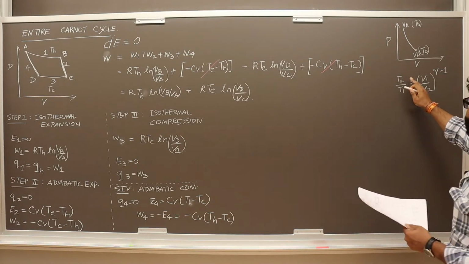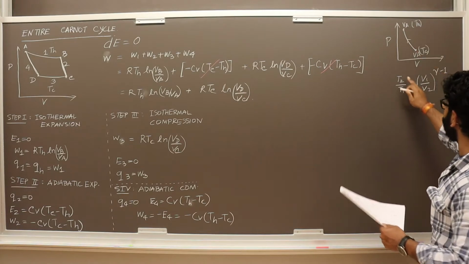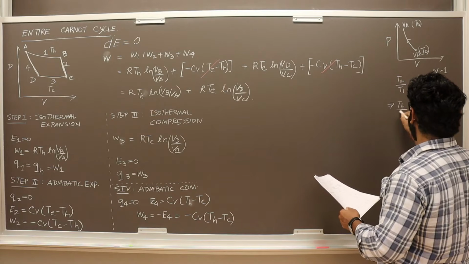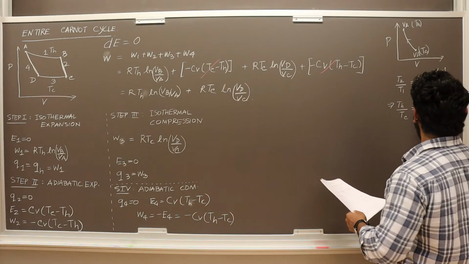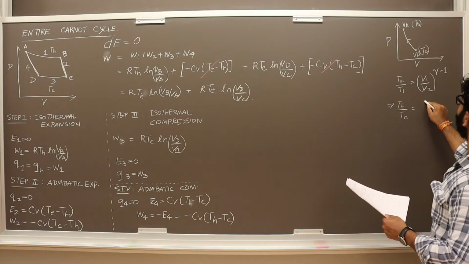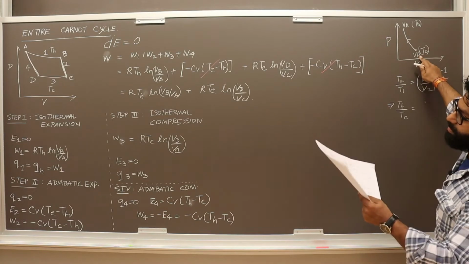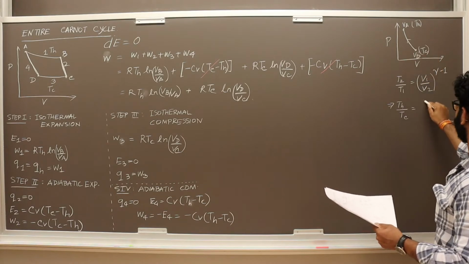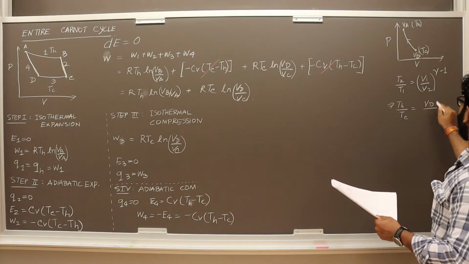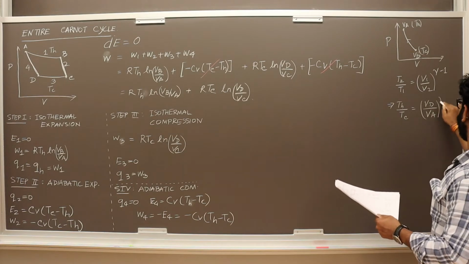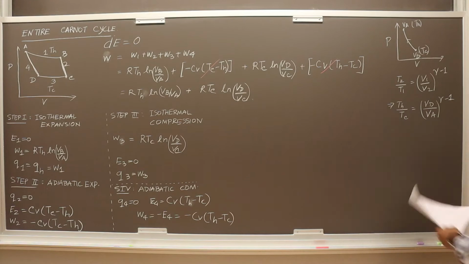If this is the process, T2 is basically TH, so TH by TC is equal to, what is V1? V1 is here, this is not VA, this is VD. So this is (VD by VA) to the power gamma minus 1. So this is one of these equations.